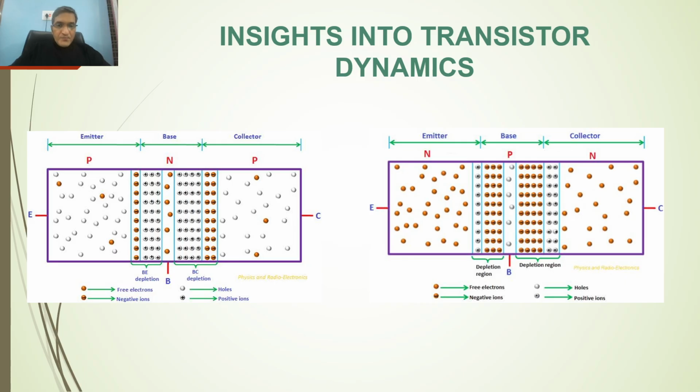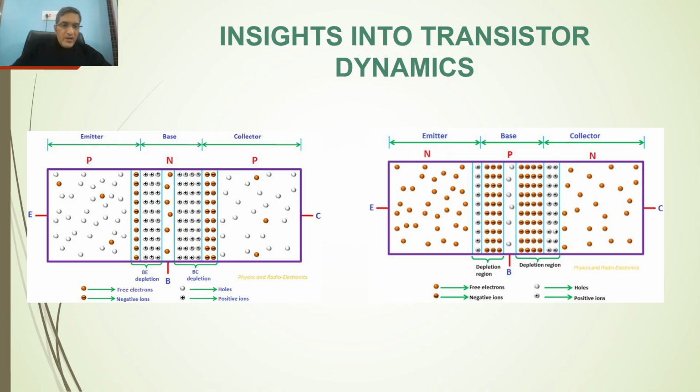Now we come to the point. As you see, we have three regions here: emitter, base, and collector. When you see the figure carefully, we have two depletion layers in both figures. The depletion region forms when p-type and n-type semiconductors come together, and the charge carriers move and neutralize their counterparts, leaving some region near the junction free from mobile charge.